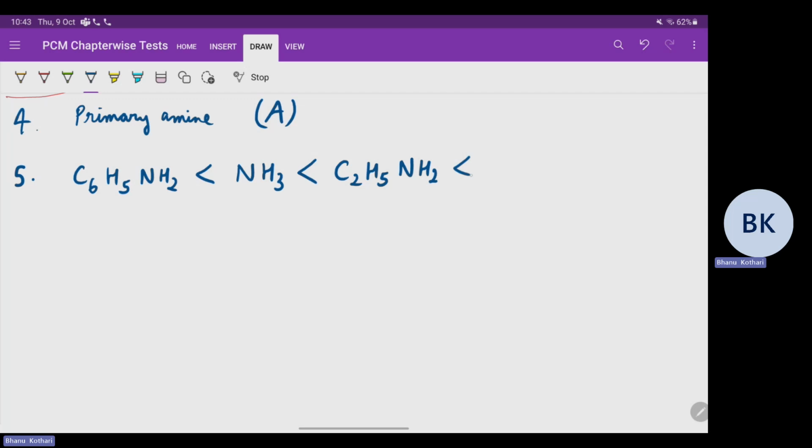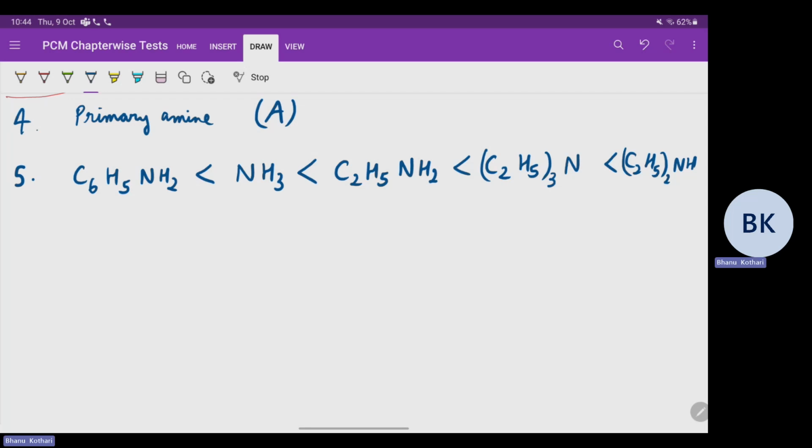and here we have to remember the basicity order. Diethylamine is a stronger base than triethylamine. Due to steric hindrance and solvation effects, triethylamine will not be able to get protonated that easily. That's why (C2H5)3N comes next, and lastly we have (C2H5)2NH.